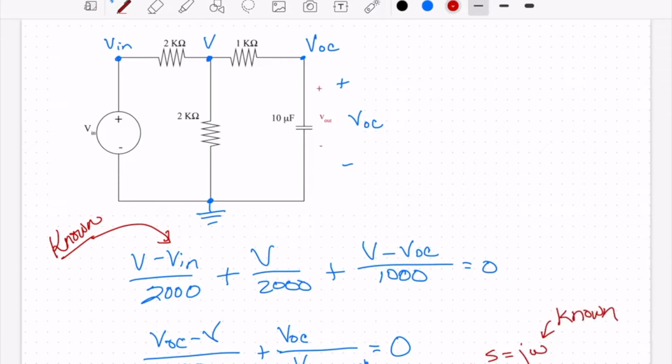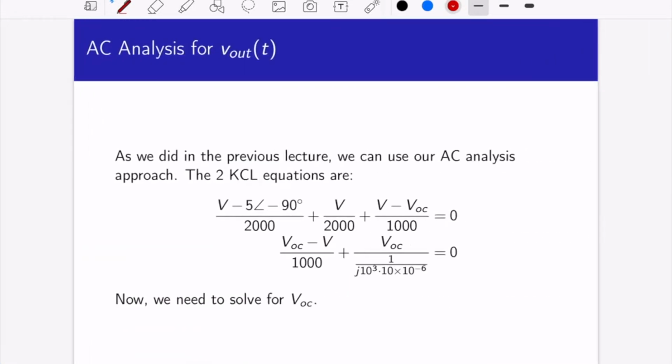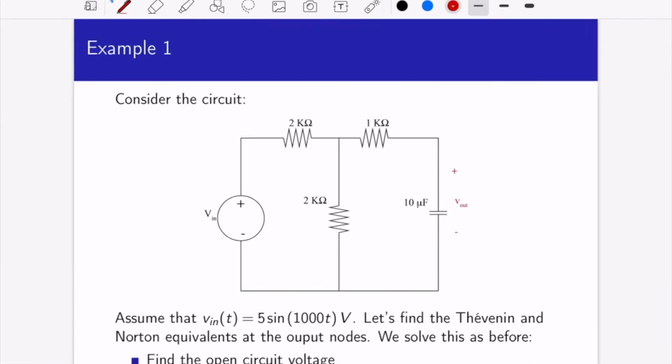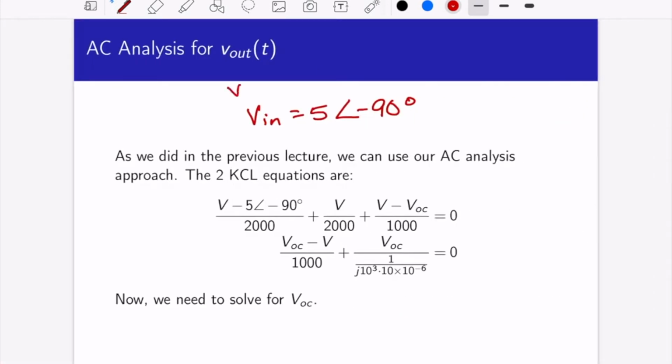So on the next slide, I've got these equations rewritten. Okay, so Vn is 5 at an angle of minus 90 degrees, right? Let's go back and see what Vn was. Vn was 5 sine of 1000t. So let me just write that down. Vn of t is equal to 5 sine of 1,000 t volts.